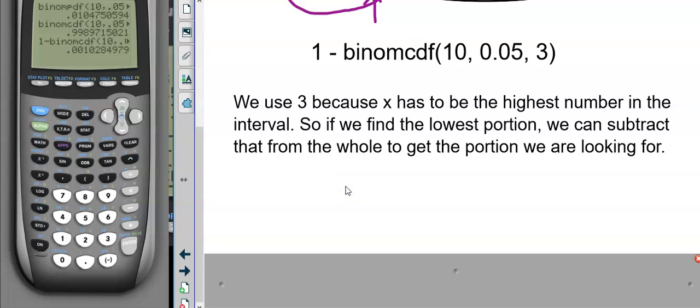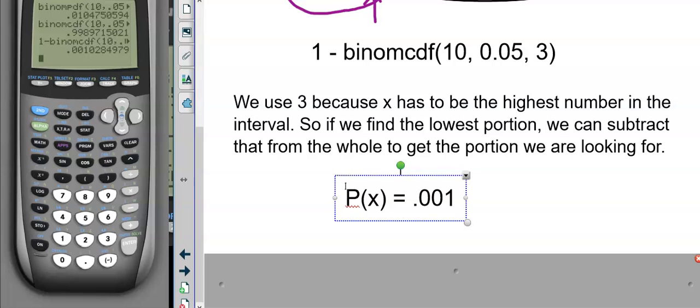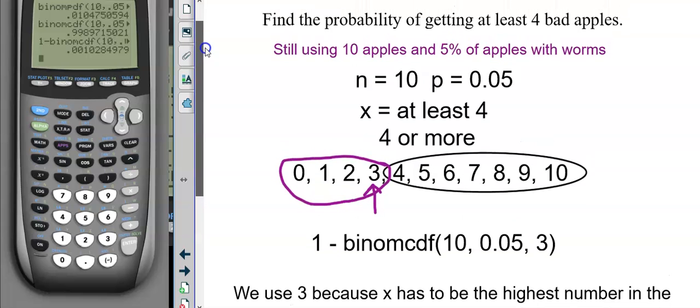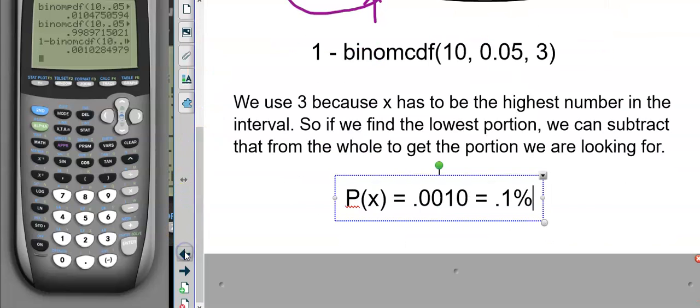So our probability will be 0.001. Let's change it to percent: that's 0.1%, or a tenth of a percent. That's weird. So for you to have 4 or more, at least 4 bad apples here, the chance is very low, so most likely that's not going to happen.